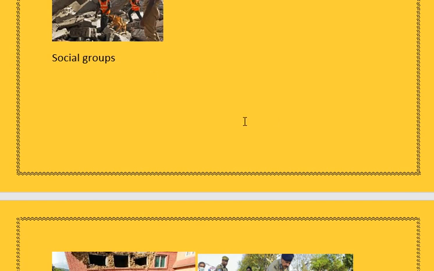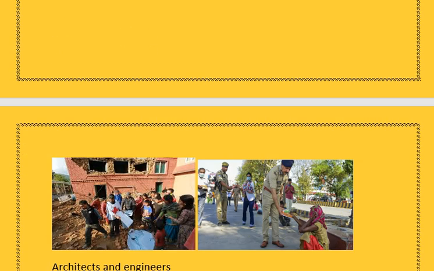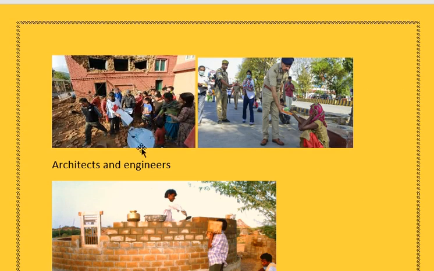Along with that, some social groups come together to help the people. They provide food, clothes, medicines and other things which they need after a natural calamity, whether the flood, earthquake or anything else. In this way, our police organization also helps the people by maintaining law and order, along with providing them food, shelter and everything.